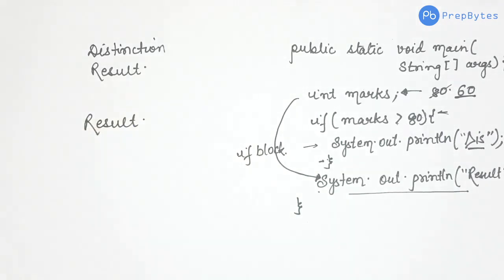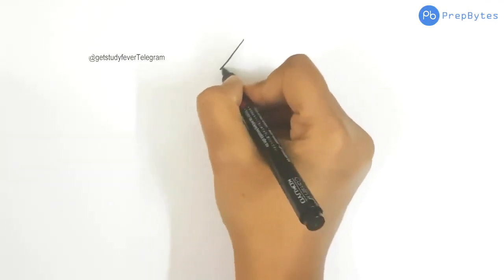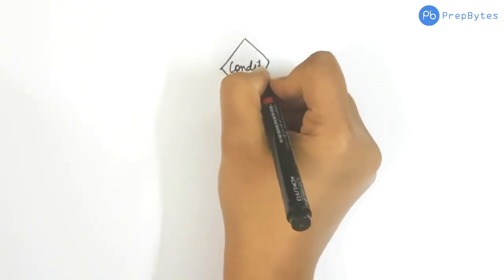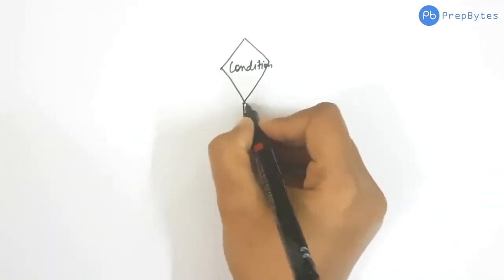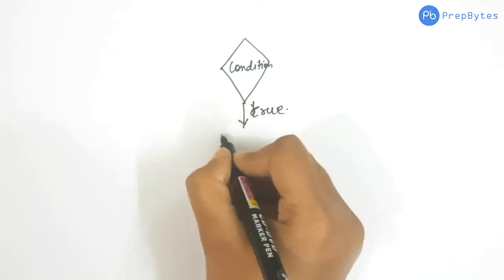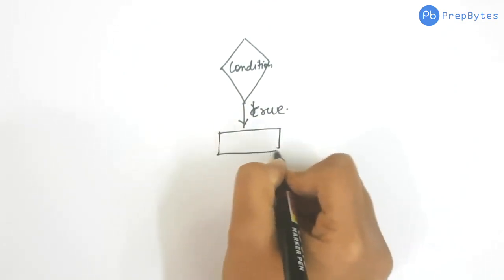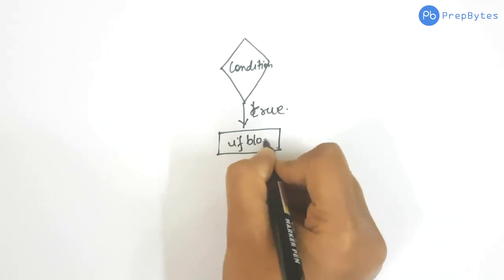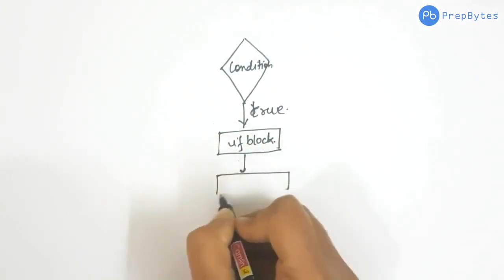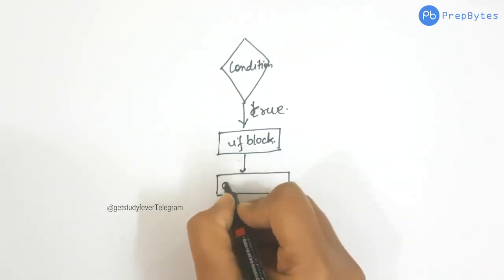If I try to see the flow chart of if, let's see what happens. We have a condition. If this condition is true, then whatever is in the if block gets executed, and then whatever is outside the if block also gets executed.